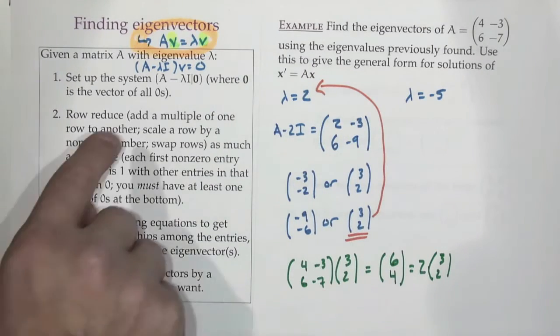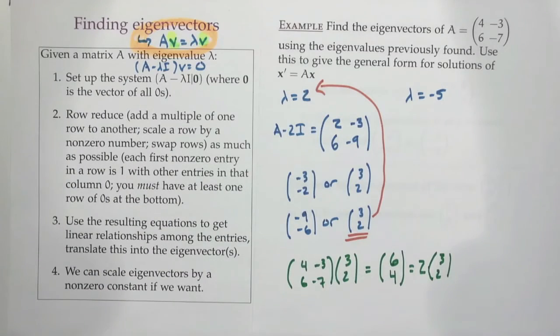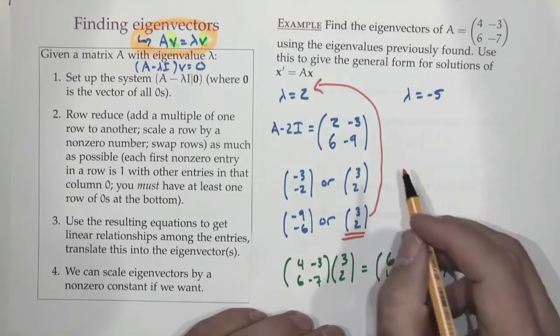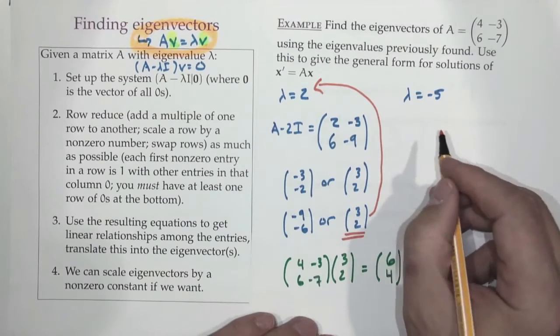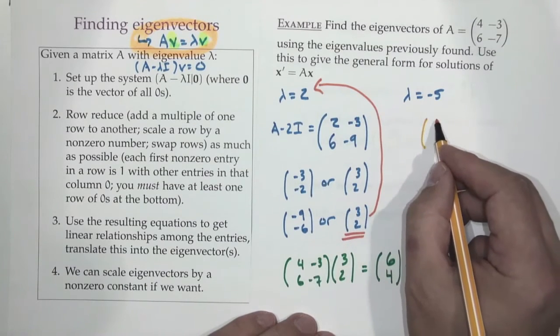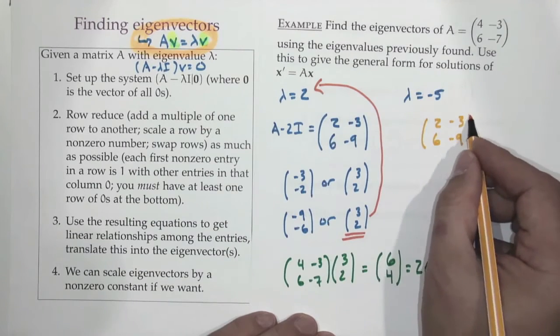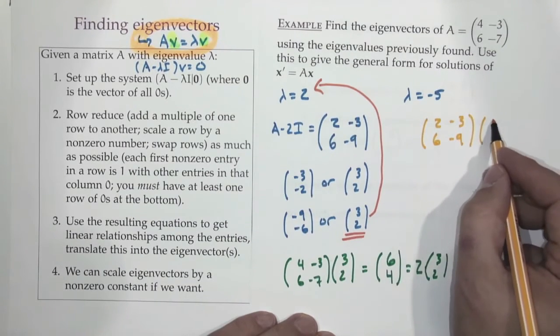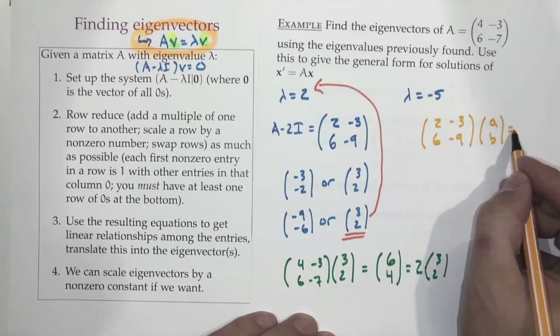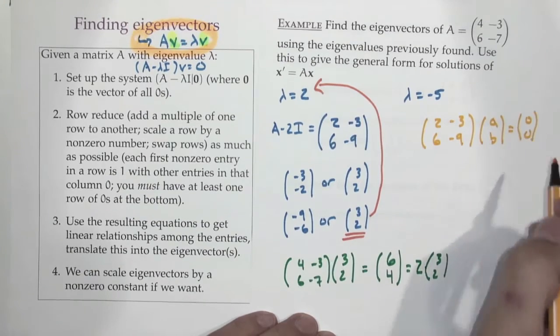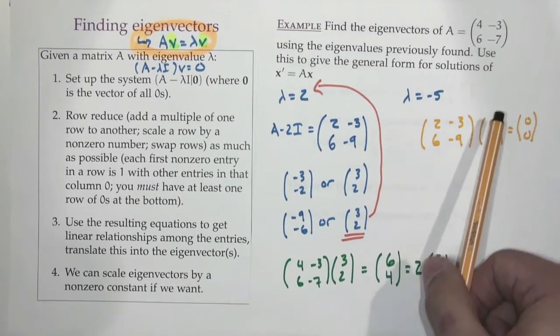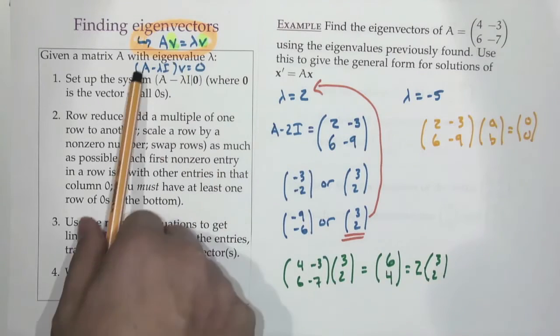Now, if we go back and say, how does it work in this setting? Here's our A minus lambda I. The other way to think about the problem, if you don't think about the shortcut, is to say, look, I'm looking for some vector that does this: [2, -3; 6, -9] times [a, b] equals [0, 0], because that's what we're after.